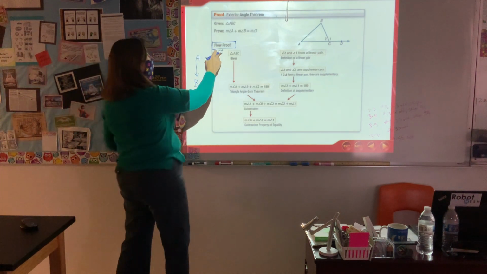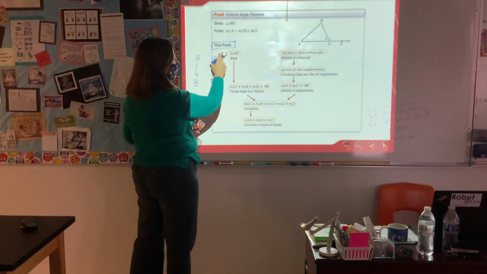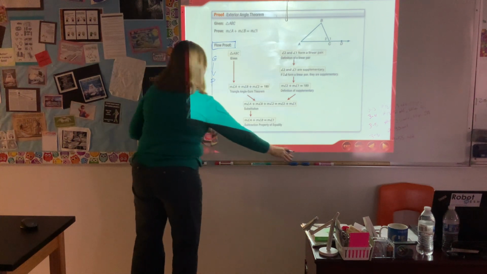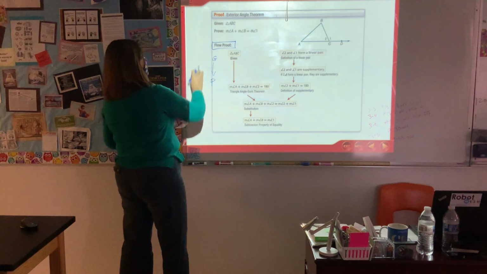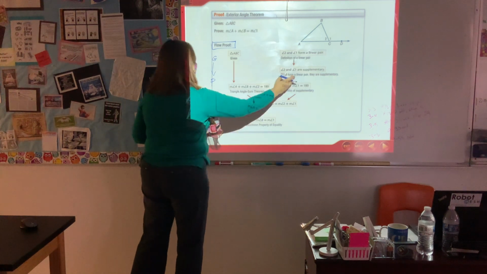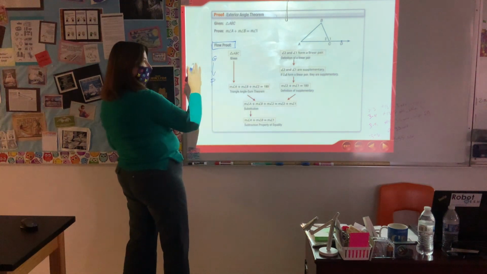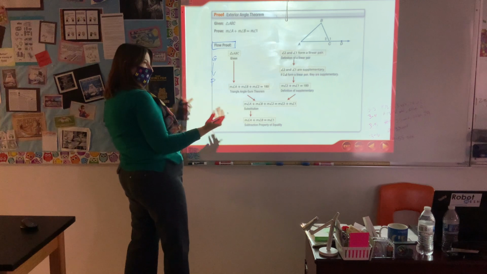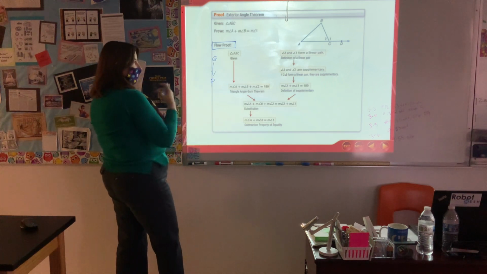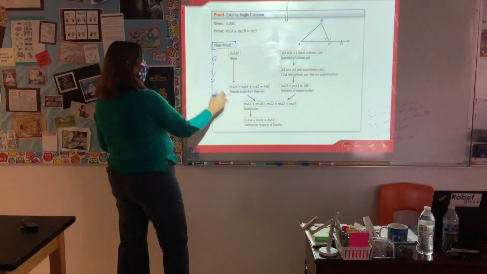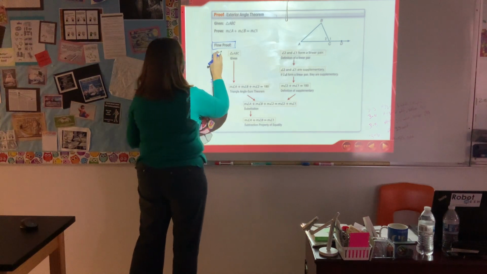That's why they do this as a flow proof. Do we still sometimes do this by just listing the other side underneath? Yes, we can, but this is another type of proof that we can do.